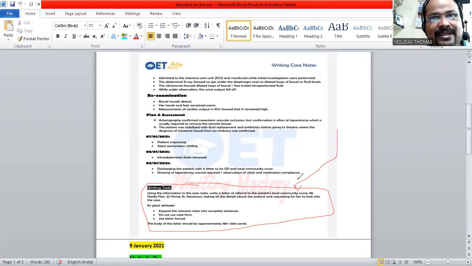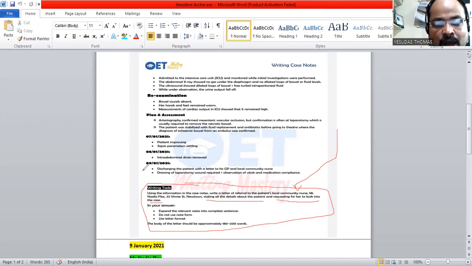So the very recent things which we can see in the hospital are to be updated to the nurse. Now, you have to state all the details which happened in the hospital and request her to look into the case. Okay, so this is what you have to do.